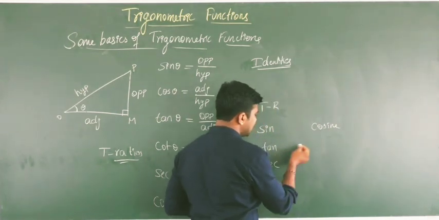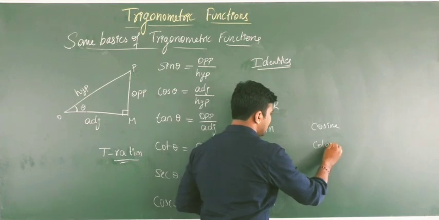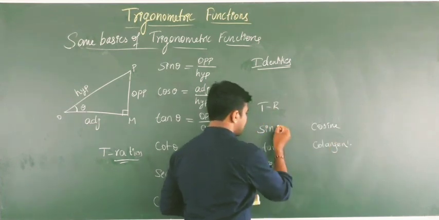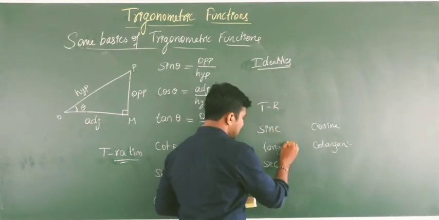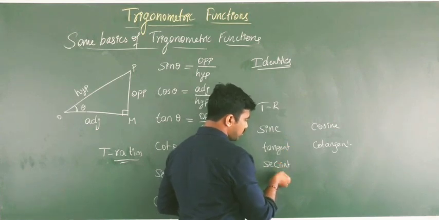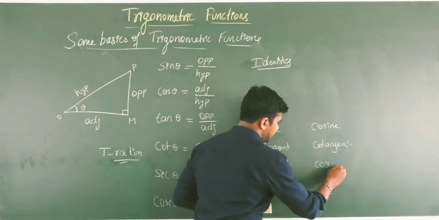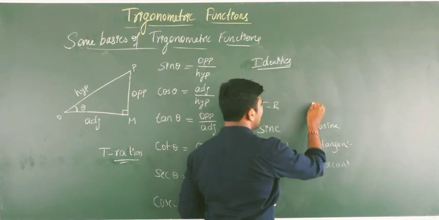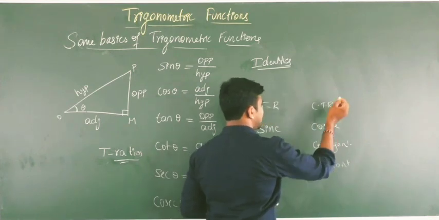For tangent, cotangent. For secant, cosecant. These are co-trigonometric ratios.